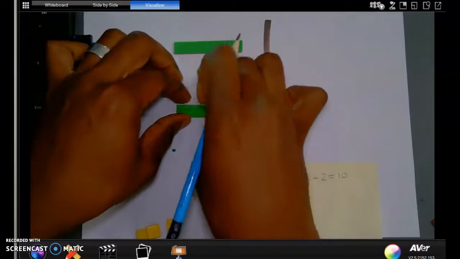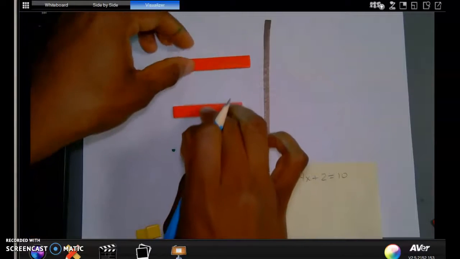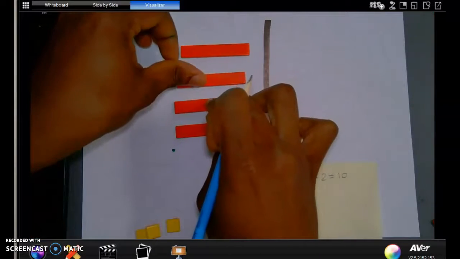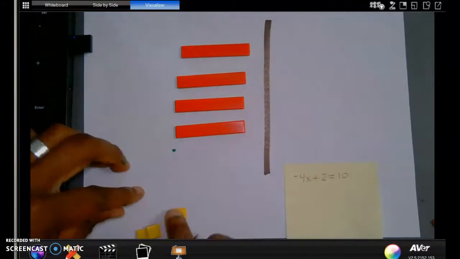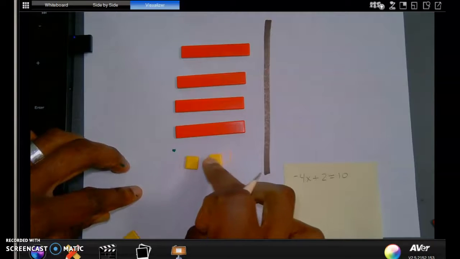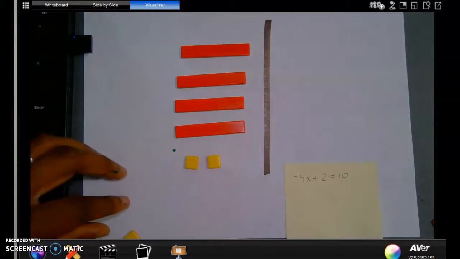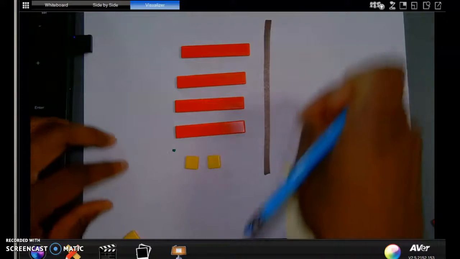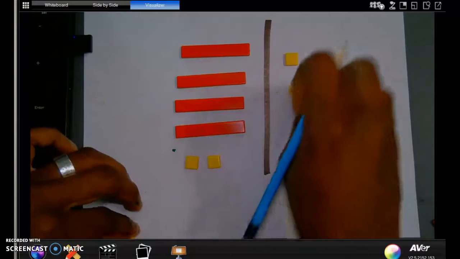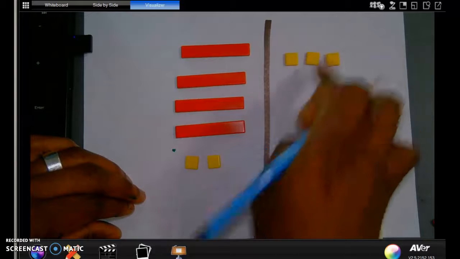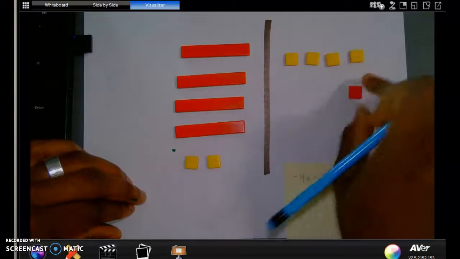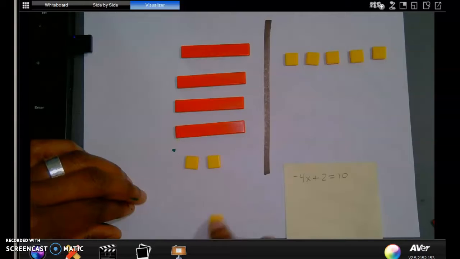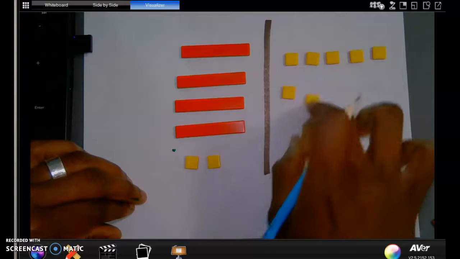Okay, so negative 4x, negative, negative, negative, negative 4x plus a positive 2 is going to be equal to positive 10. 10 frame again. Probably not straight, I apologize.